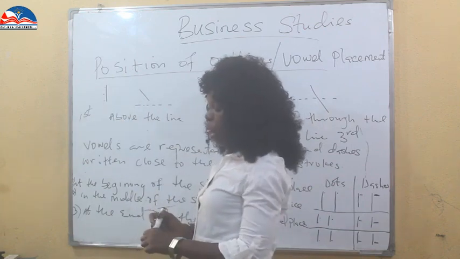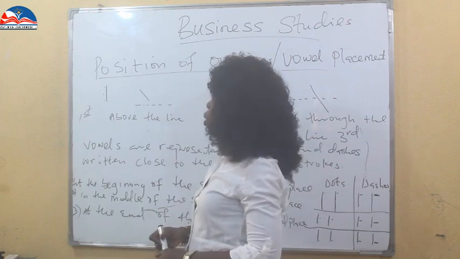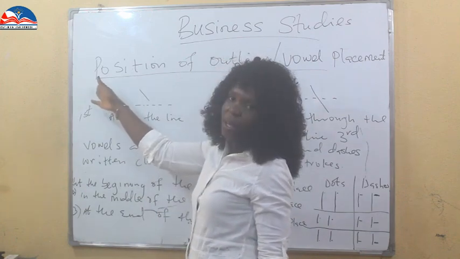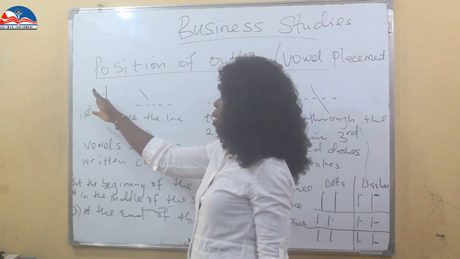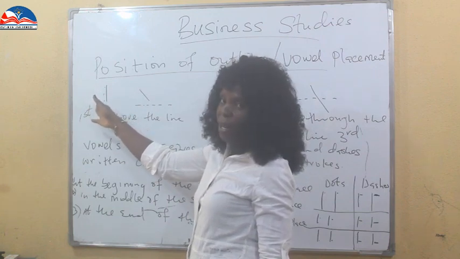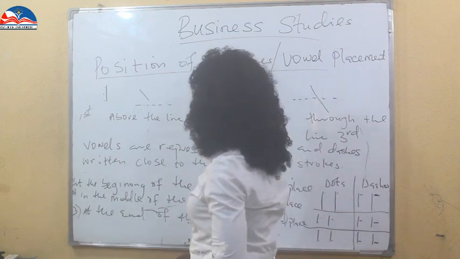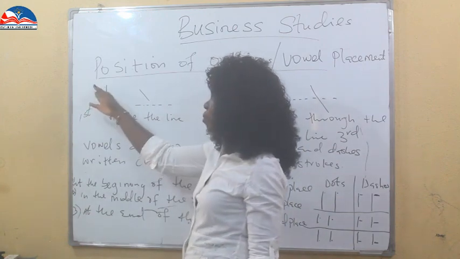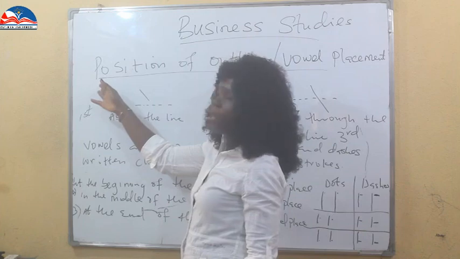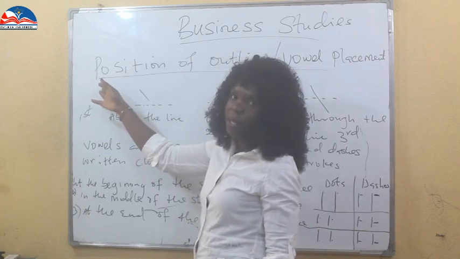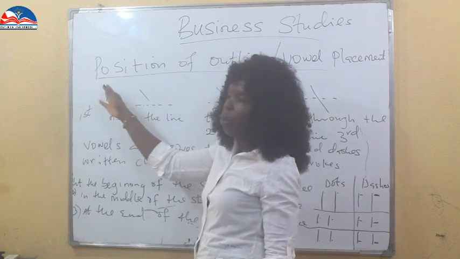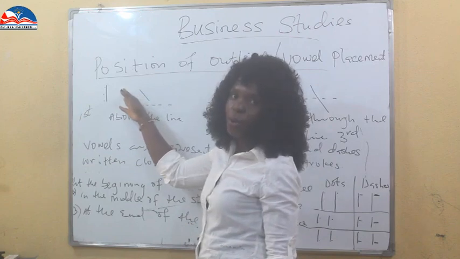There are rules to why a vowel sound will come at the beginning, at the middle, and at the end. There are still reasons why a vowel sound will come at the first place, before or after the consonant sound.